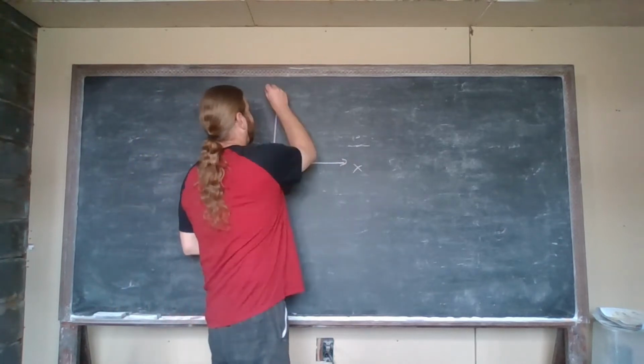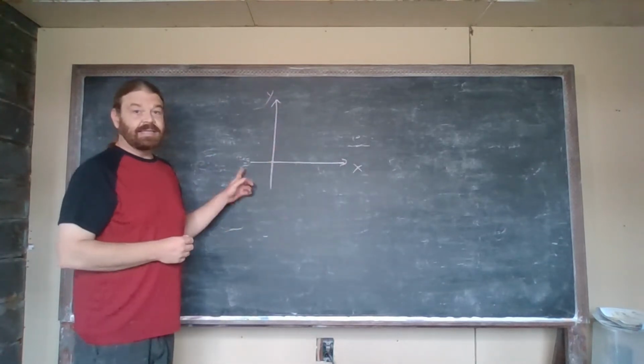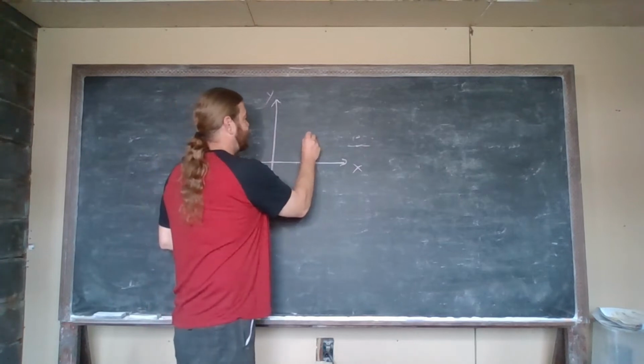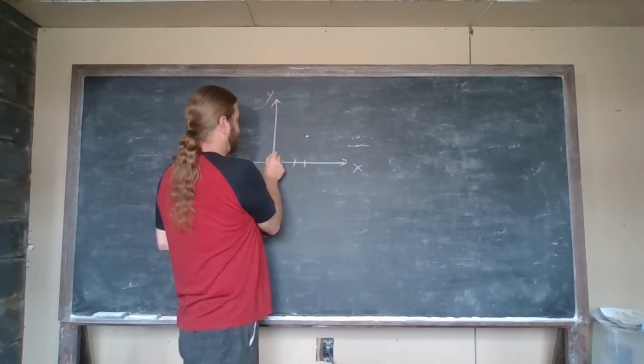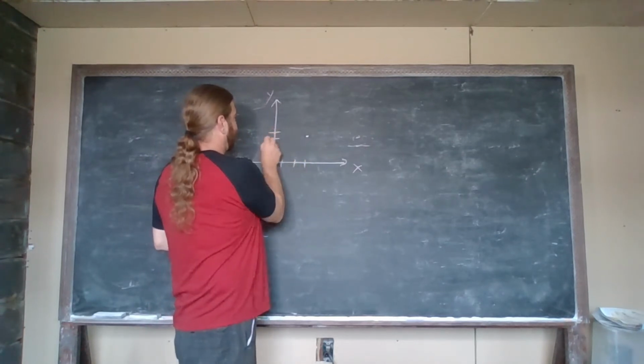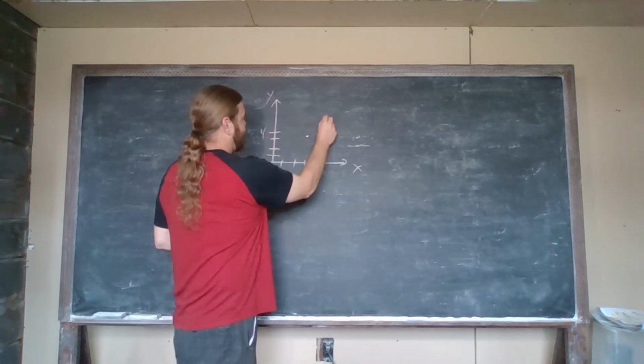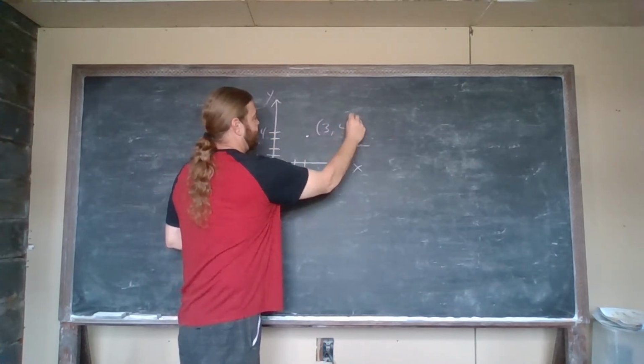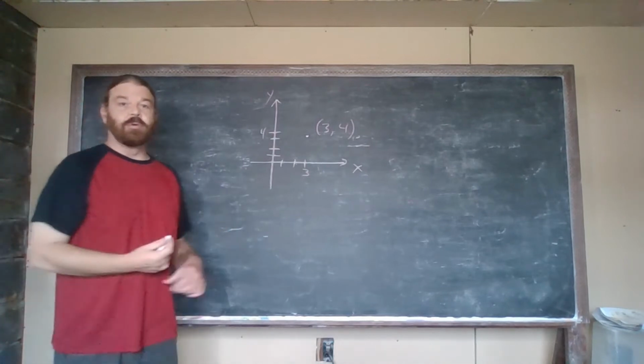In 2D, we have the X and the Y axis, and we describe things as a point, such as a point here that's 3 units over and 4 units up. We describe that as the point (3, 4).